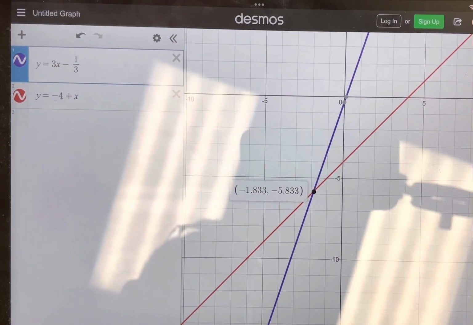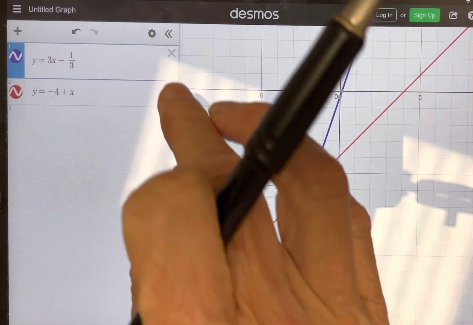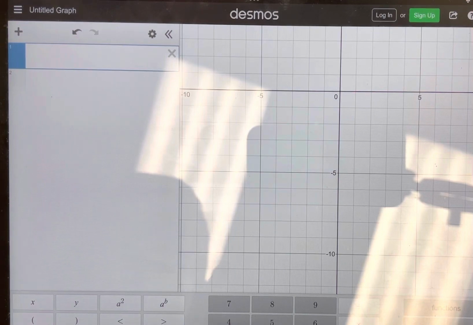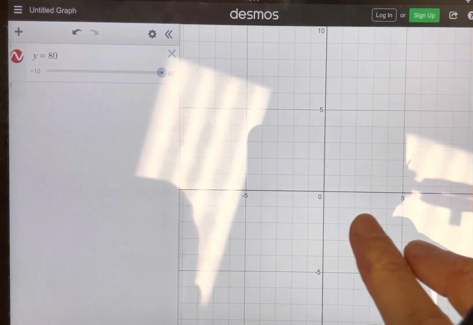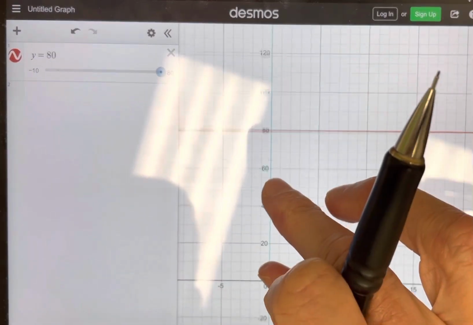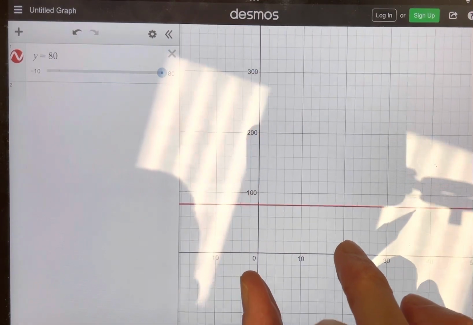Let's take a look. So back into Desmos, and let me clear out these first two. Okay, so our first one is we want to set the line y equals 80. Let me get my y so I can see it.